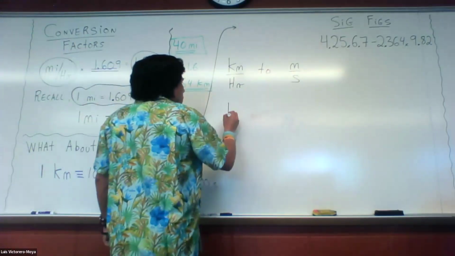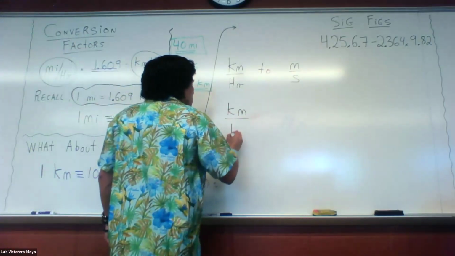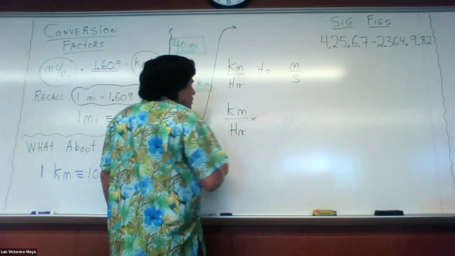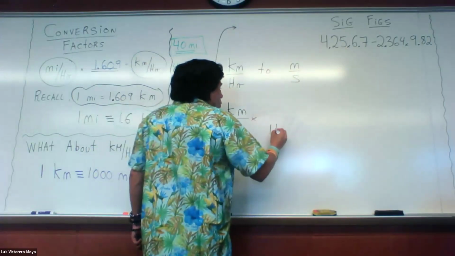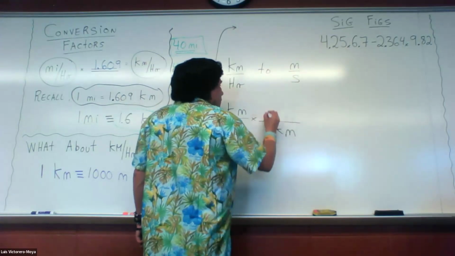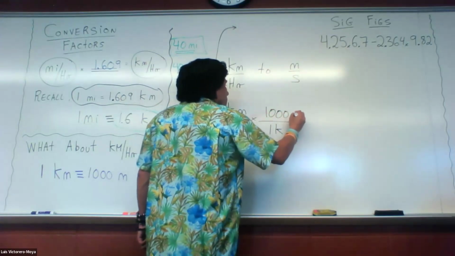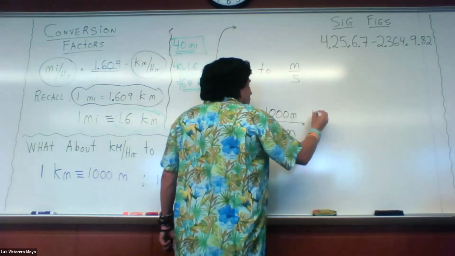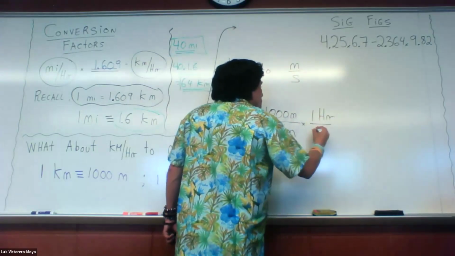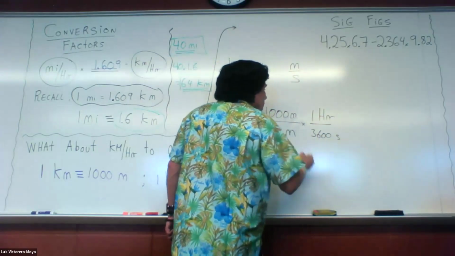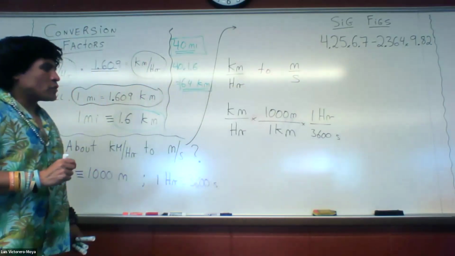So like we said yesterday, we multiply by 1 kilometer, 1,000 meters, and 1 hour, 3,600 seconds. And that's how I'm gonna get my conversion factor.